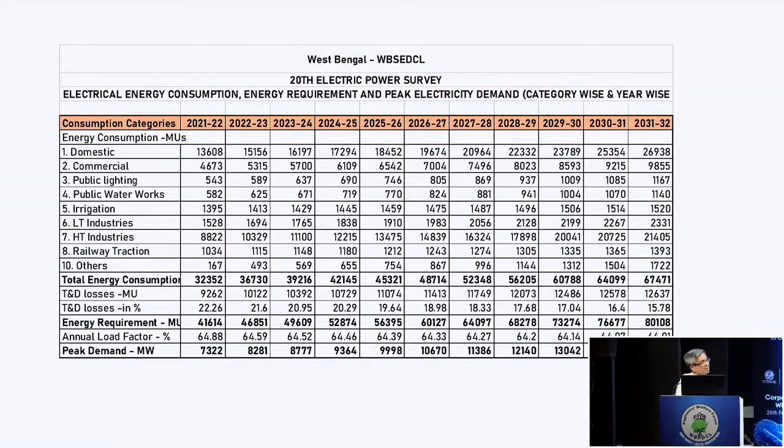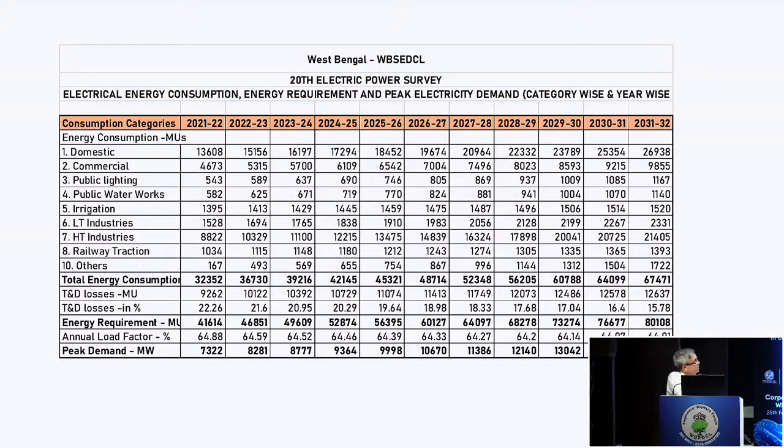So this is the report for West Bengal, WBPDCL. In West Bengal, major supply is provided by WBPDCL. There are other companies like my company, CESC, then IPCL, and also DPL.